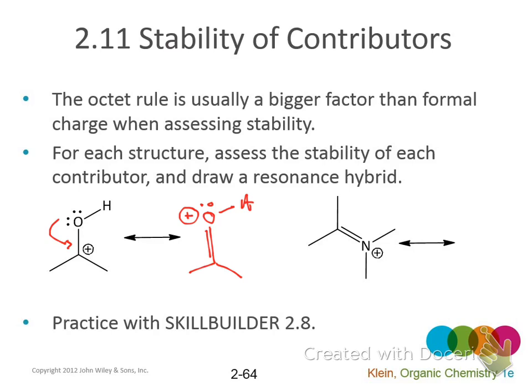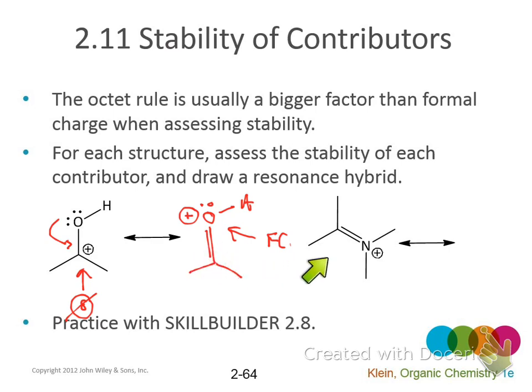The one on the right, generally, because right here there's no octet. I'll make up my own symbol for that: no 8, it doesn't have 8. And this has a positive charge, but they both had formal charge to start with. So clearly this one is going to be better because it doesn't violate the octet rule anymore.